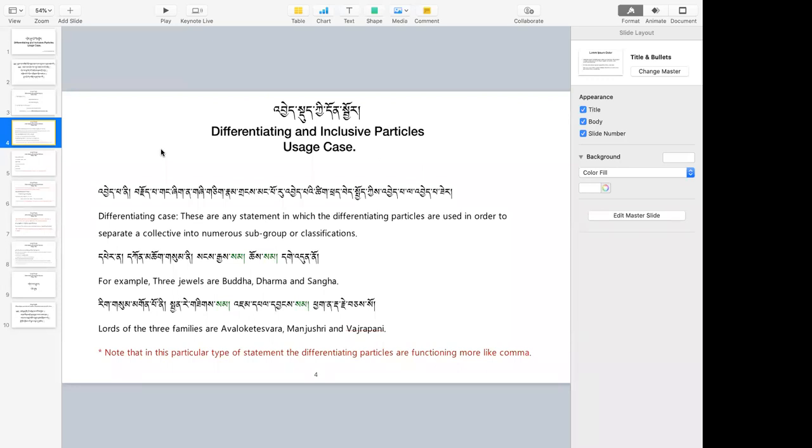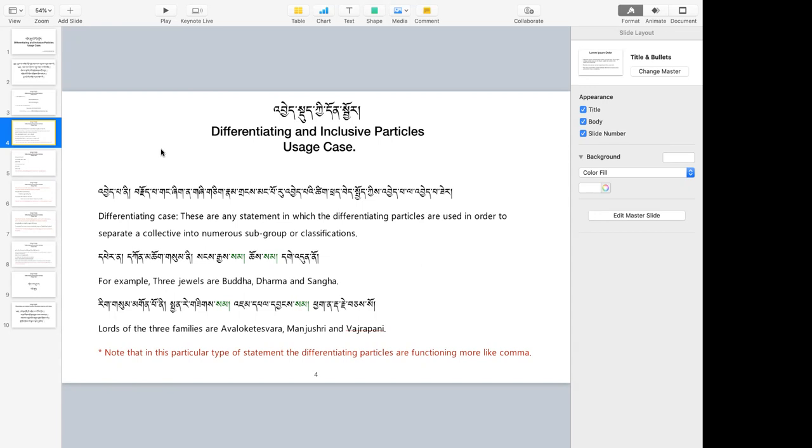And the numerous subgroups or different classifications are the Buddha, Dharma, and Sangha. So the collective, the 3 jewels, is now separated into individual classifications or subgroups of Buddha, Dharma, and Sangha.